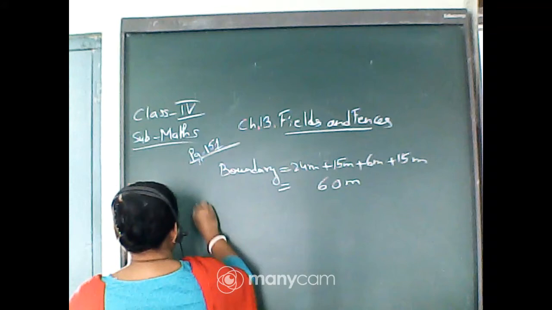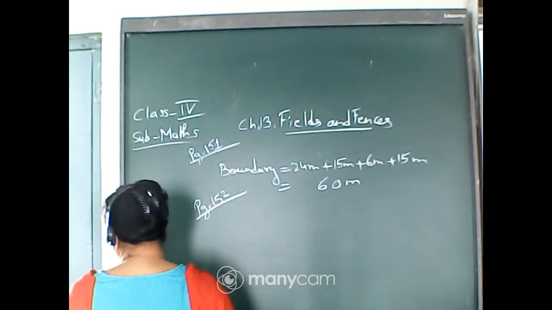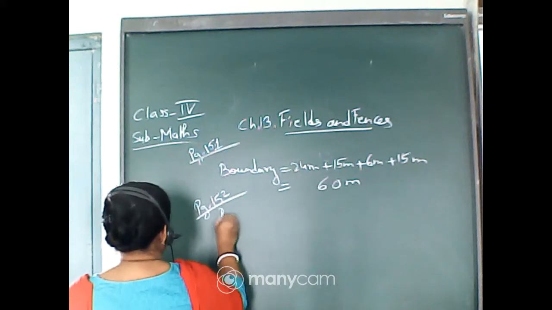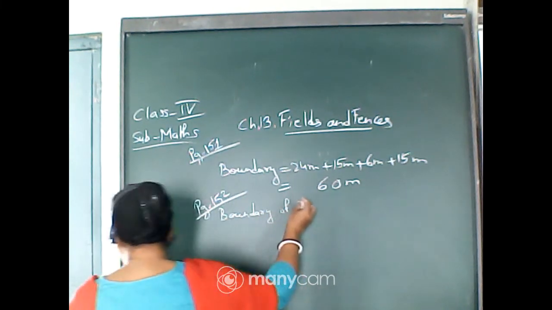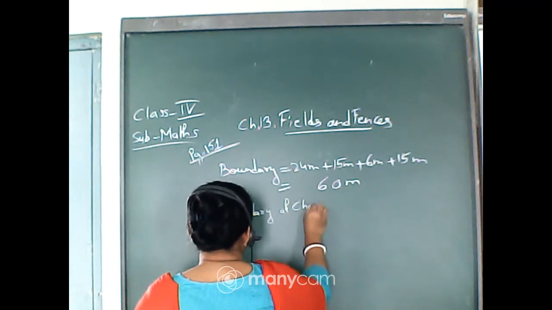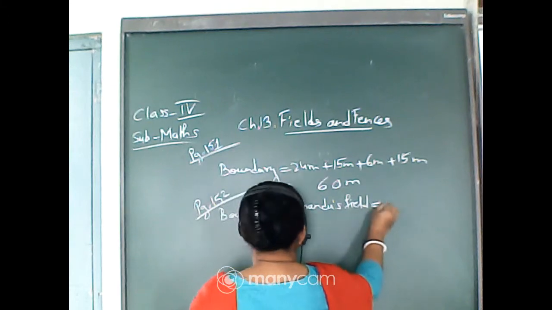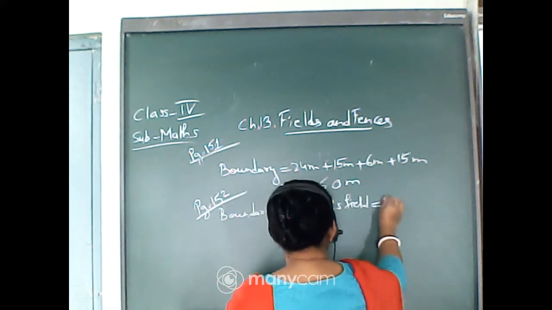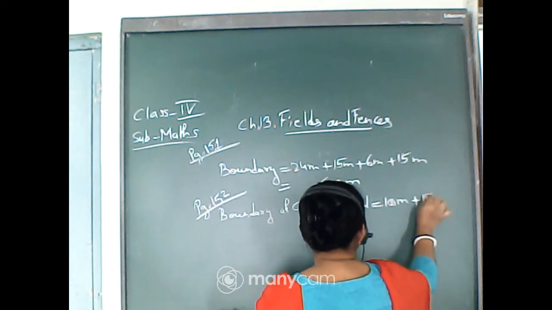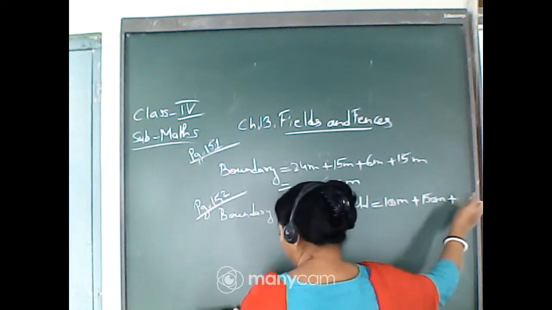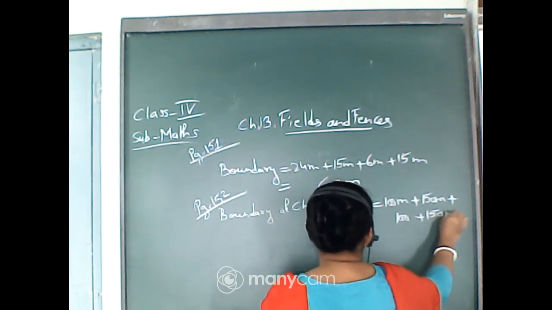This is page 152. So you will write, boundary of Chandu's field is equals to 100 meter plus 150 meter plus 100 meter plus 150 meter.